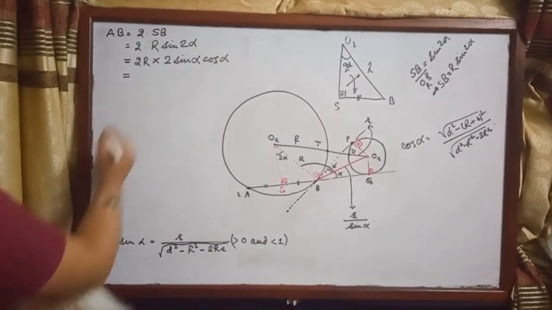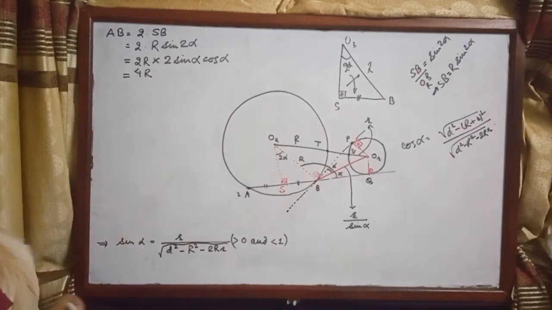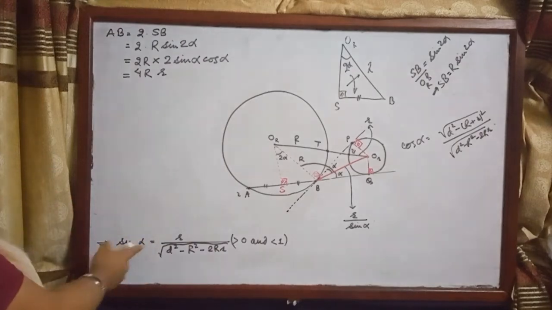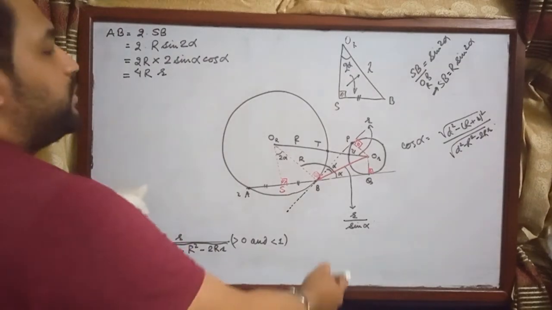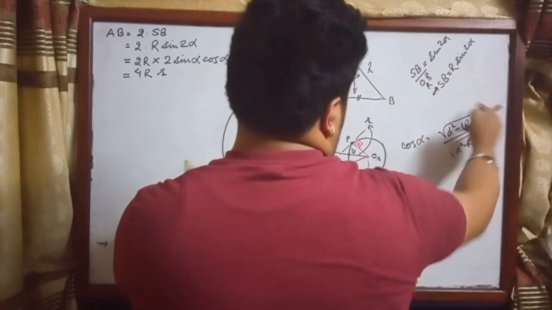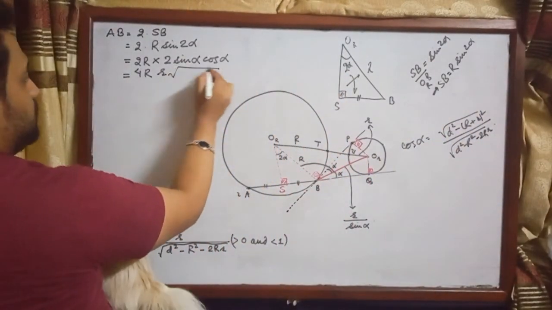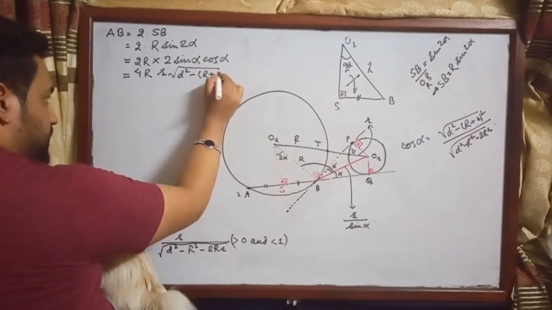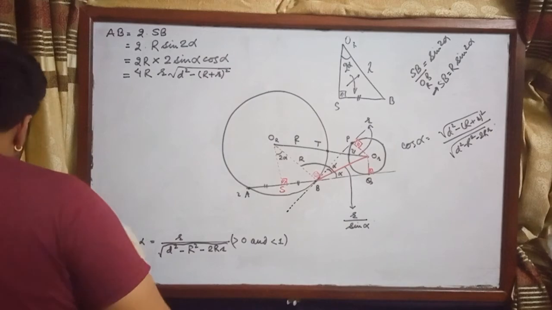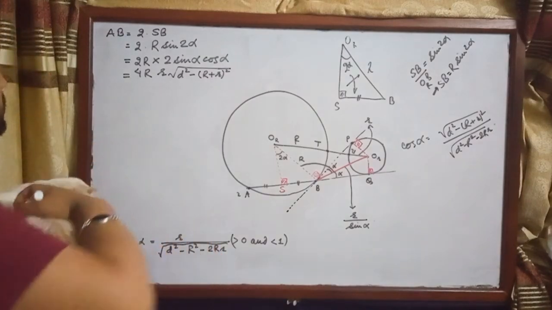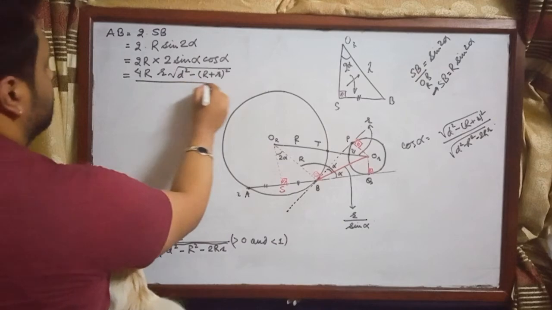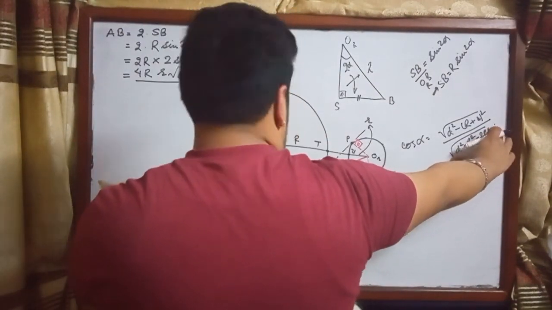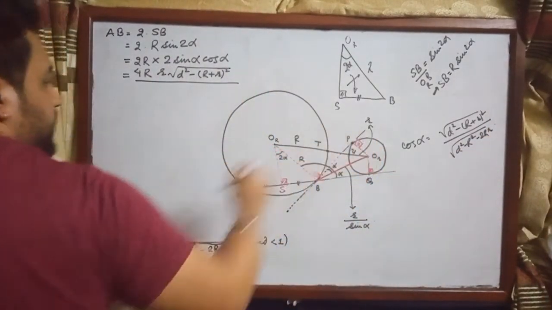Now this is 4R sine alpha cos alpha. The numerator of sine alpha has r. The numerator of cos alpha has the square root of d squared minus r plus r squared. And the denominators of both sine alpha and cos alpha are the same.